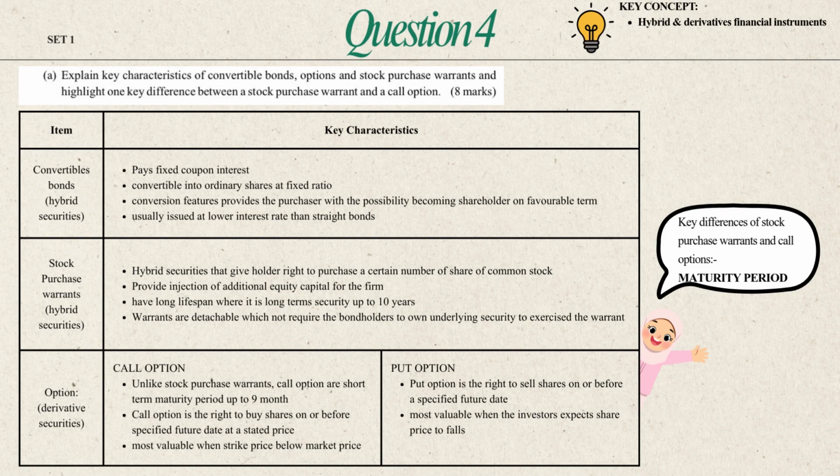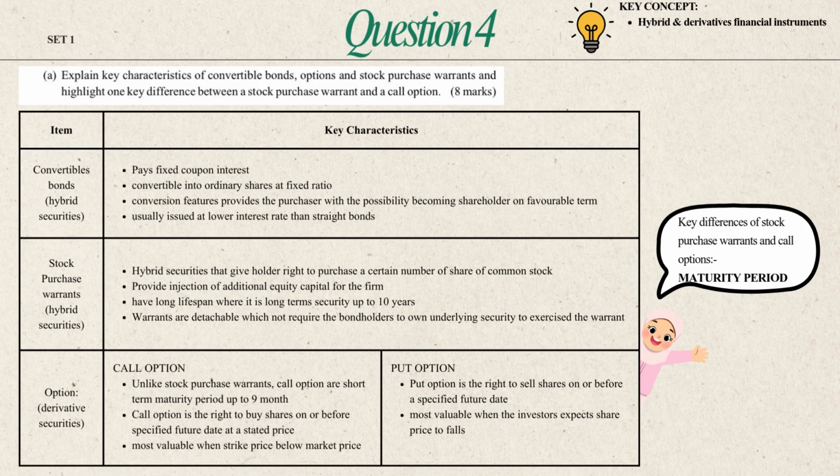Unlike stock purchase warrants, call options have a short maturity period which lasts up to 9 months. A call option is most valuable for the investor when the strike price is below the market price. A put option gives the right to sell shares on or before a specified future date. It becomes more valuable when investors expect the price to fall in the future.